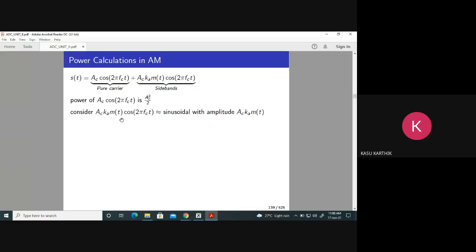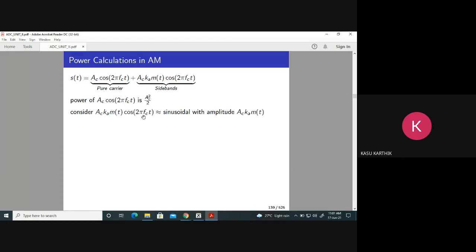Now, in this entire term, I'll assume that it is nothing but a sinusoidal with amplitude Ac Ka m(t). Even though m(t) is not a constant, it's a time varying function, relatively it is constant with respect to cos 2 pi fc t.